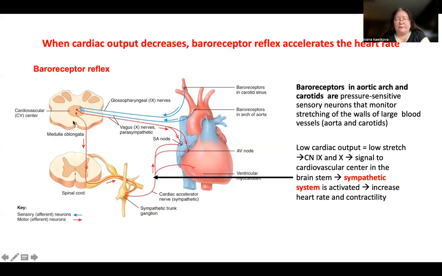And in the cardiovascular center, this information is processed. When the signal is understretched, meaning low cardiac output, the sympathetic system will be activated.